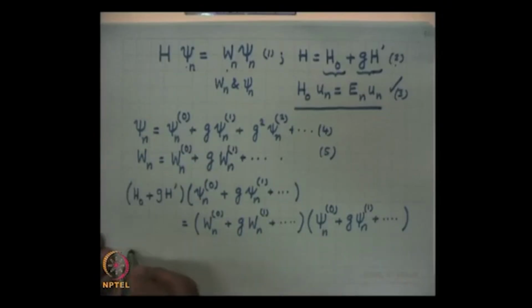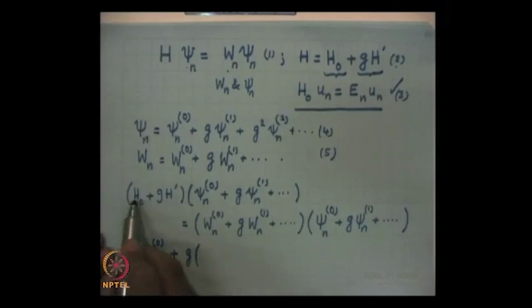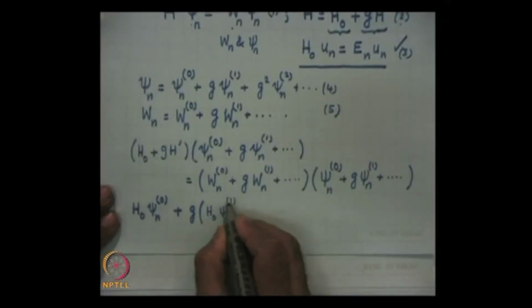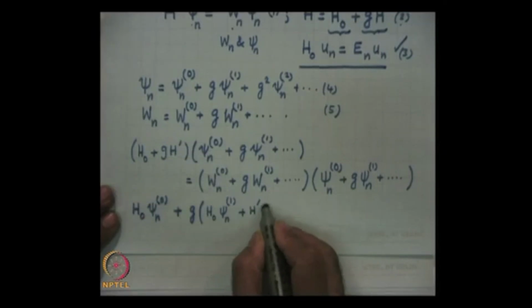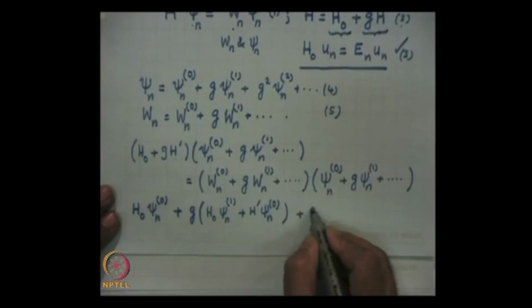So, you have the term which is independent of g, which is H naught psi n 0, plus g times H naught psi n 1 plus H prime psi n 0, plus terms which are proportional to g square plus terms which are proportional to g cubed and so on.